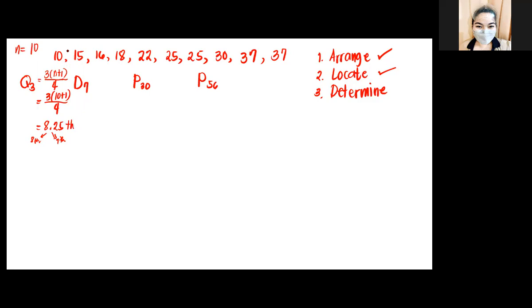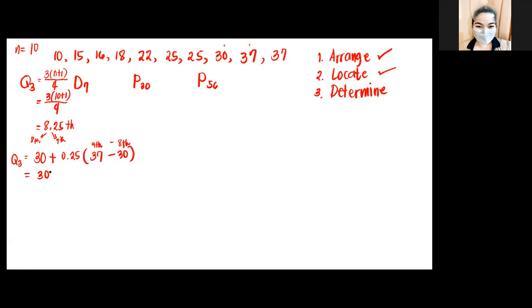So which one here is the 8th? This is the 8th term and this is the 9th. So it is between the two. So what is the step? To get Q sub 3, we have to get the 8th term, that is 30, and add 0.25 of the difference of the 9th and the 8th. The 9th term is 37 minus 30.